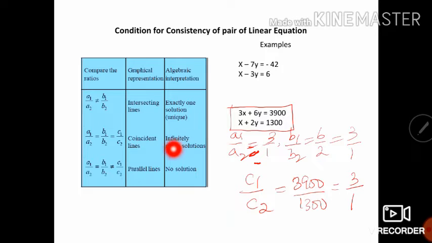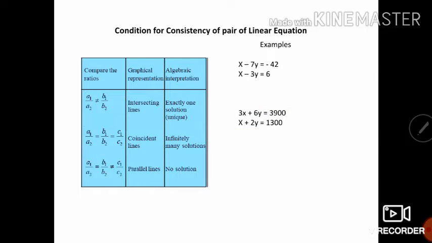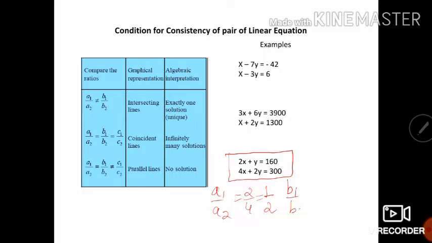The third condition is a1 upon a2 equal to b1 upon b2 not equal to c1 upon c2. The third word problem gave us these equations. Let's check the ratios. a1 upon a2 is equal to 2 on 4. On reducing, it is 1 upon 2. b1 upon b2 is equal to 1 on 2, and c1 upon c2 is equal to 160 on 300.